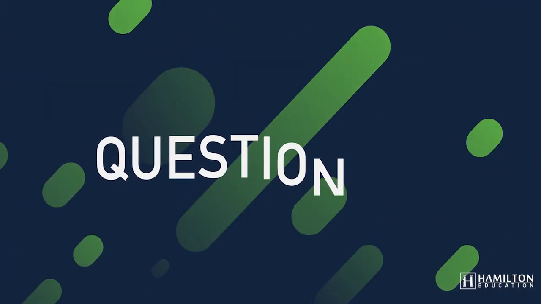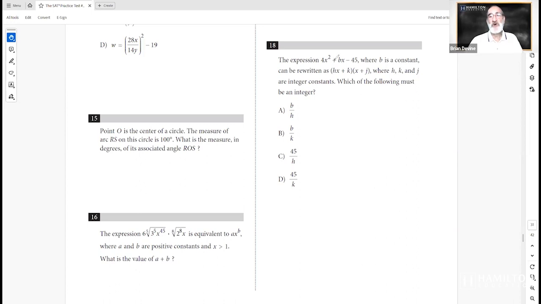Question 18. The expression 4x squared plus bx minus 45, where b is a constant, can be rewritten in this factored form, where h, k, j are integer constants. Which of the following must be an integer?